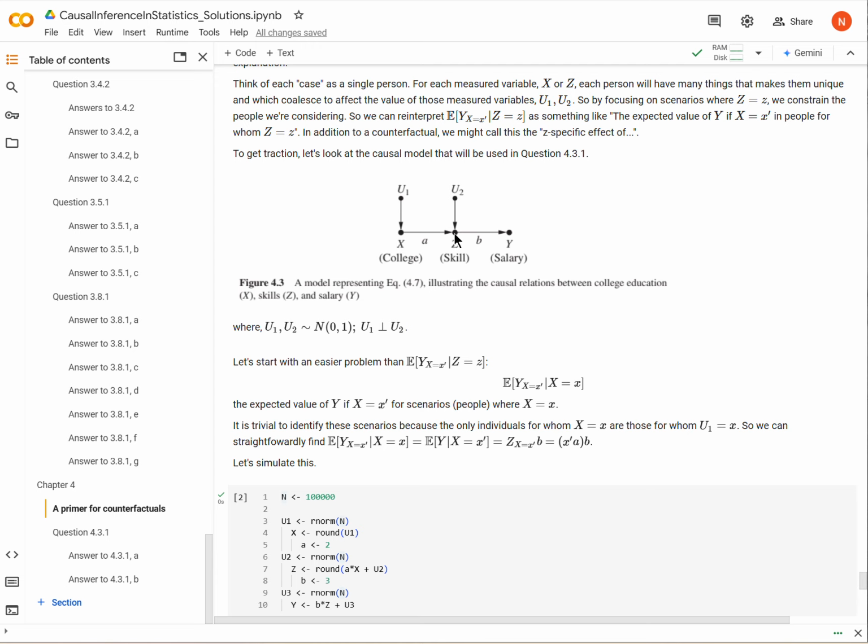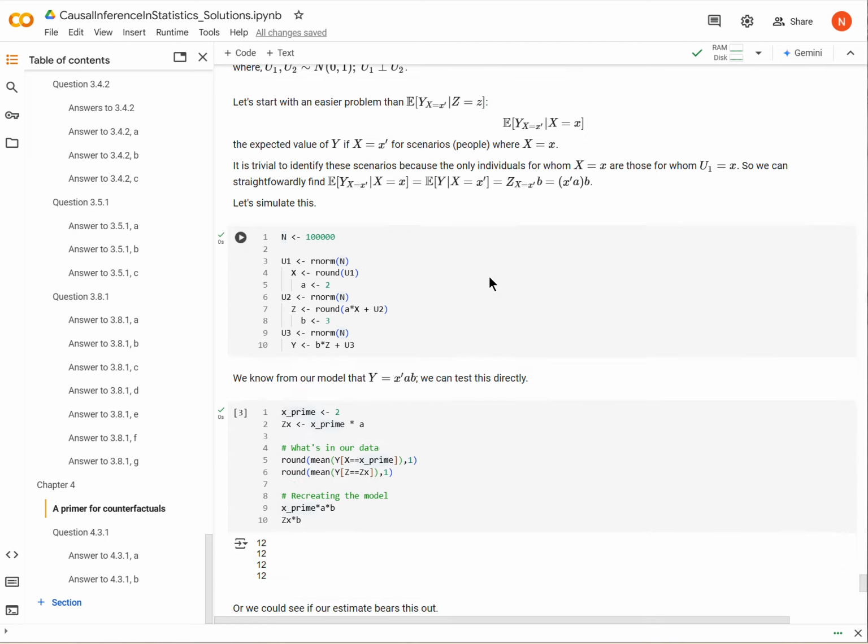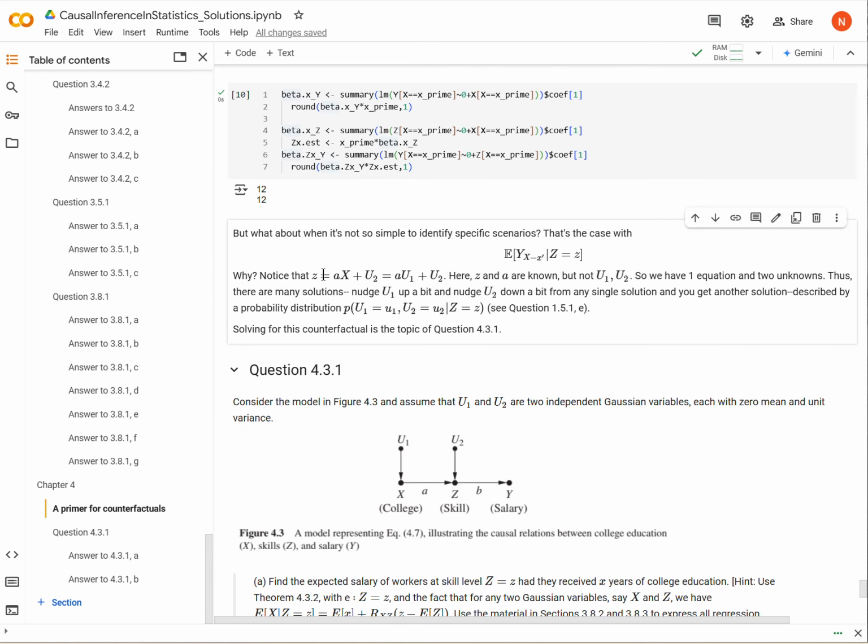But now if we go to z, there are two things informing the potential value of z. There is u2 and there's x. And now x is just u1, right? So for any particular value of little z, we have an equation that looks like this, or this, a x or a u1, same equation.